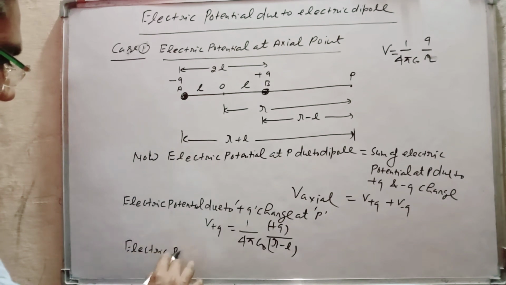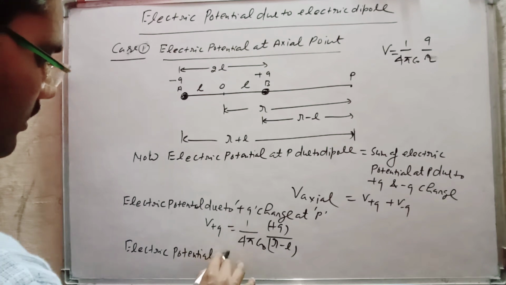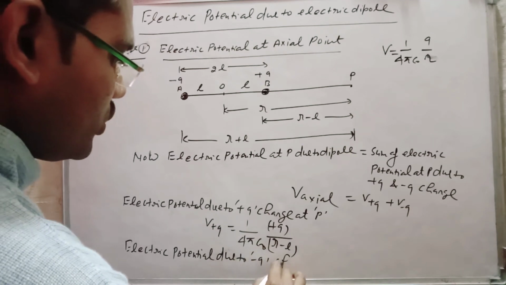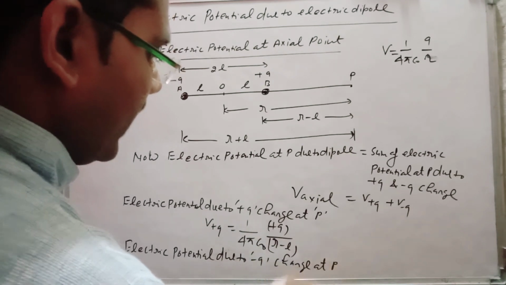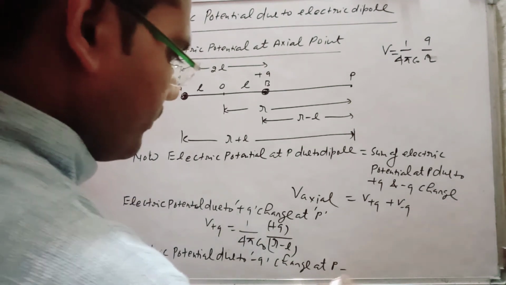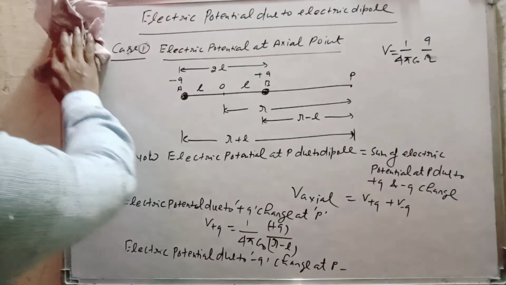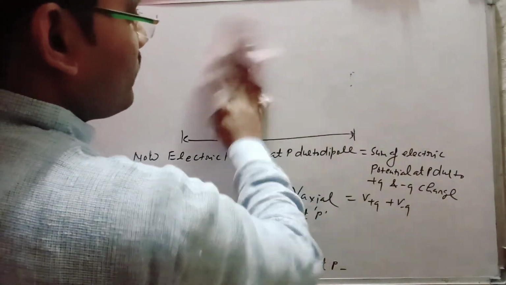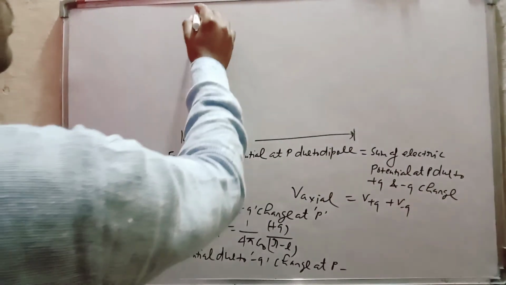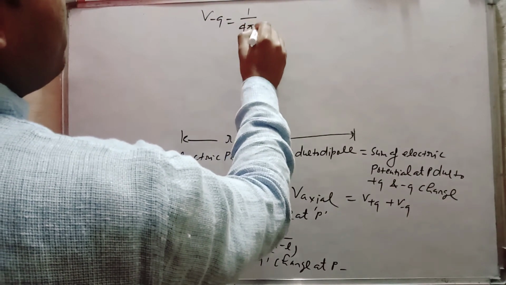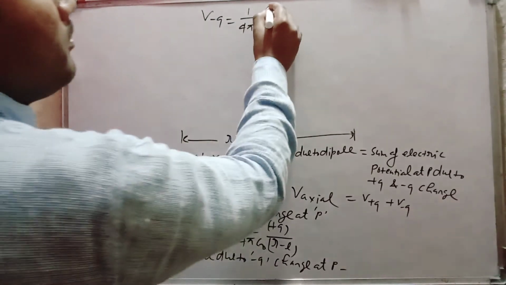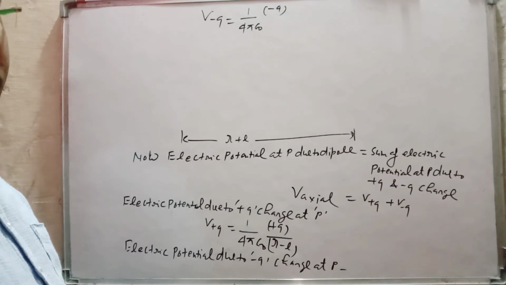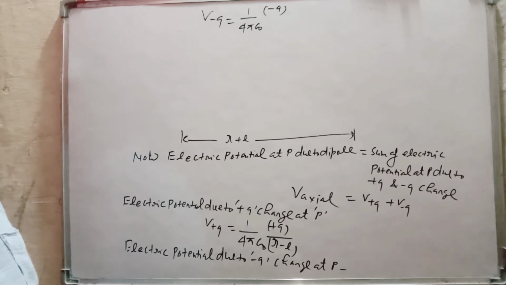Now the electric potential due to minus Q charge at P. V minus Q is equal to 1 divided by 4 pi epsilon naught, minus Q, because potential due to a negative charge is negative and the potential due to a positive charge is positive.